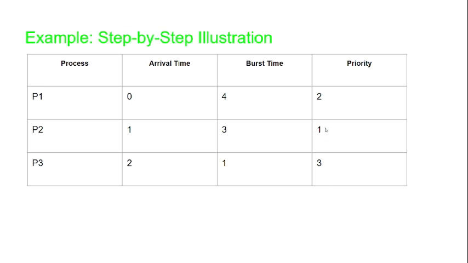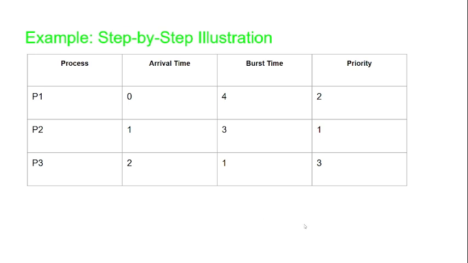So P2 is the higher priority and P3 is the lowest priority. So the CPU will execute the P2 process. After 7 units, P2 completes and only the P3 process is left. So it will execute the P3 task until completion. So the final order will be P1, after that P2, after that P3.